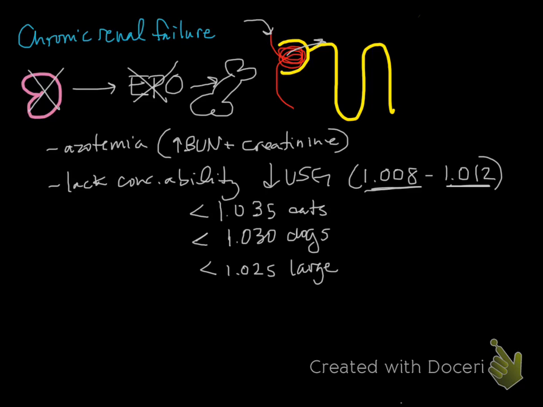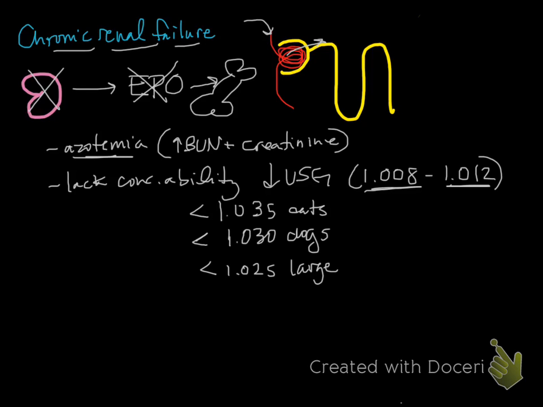The other cause is where you actually have decreases in numbers of functioning nephrons, and that's chronic renal failure. This whole unit, glomerulus plus tubule, is a functioning nephron. You normally have many of those in your kidneys, and if you have fewer of those, that leads to renal failure and decreases in glomerular filtration.